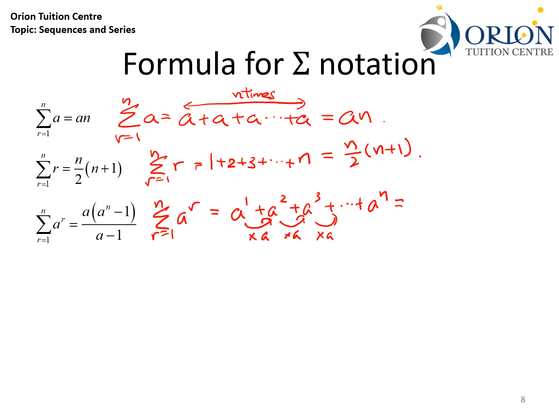And because it is a geometric series, we will be covering it in a separate video as well. For now, we just need to recognize that this form gives us a GP, and the formula will be a to the power of n minus 1 over a minus 1.